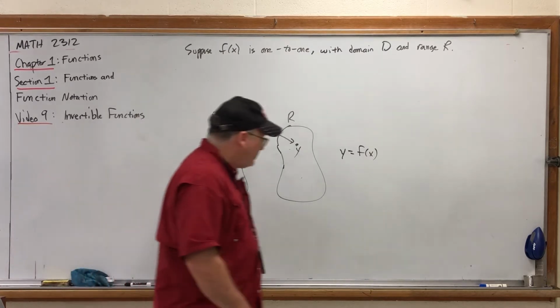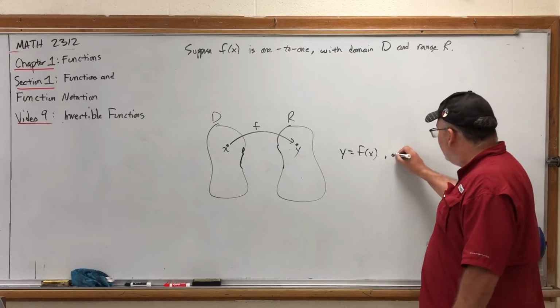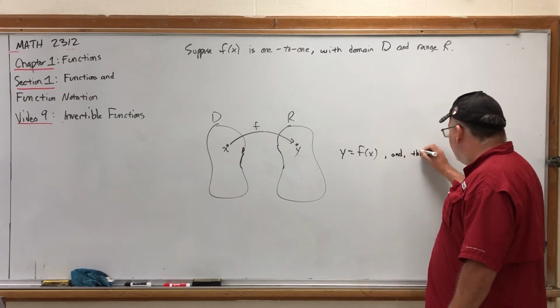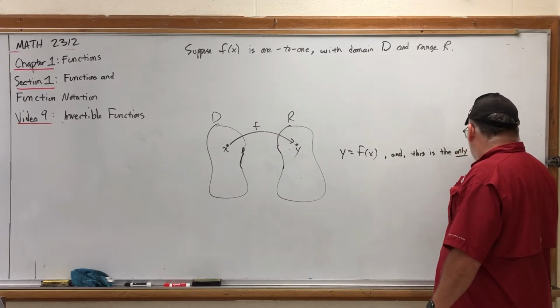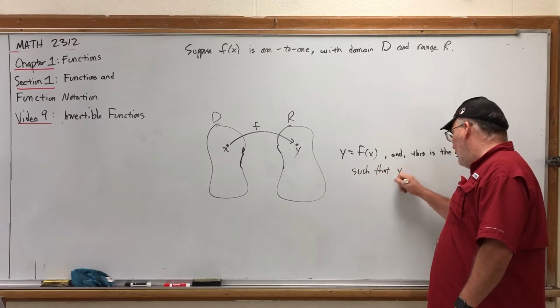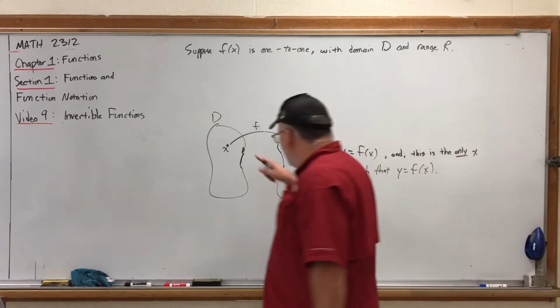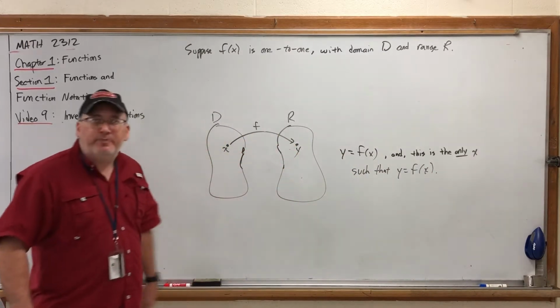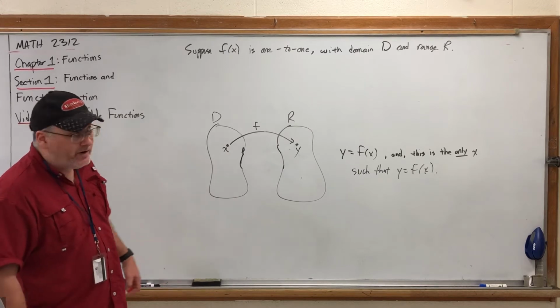In other words, if you're 1 to 1, not only does y equal f of x, but this is the only x such that y equals f of x. So you're my input and nobody else is, because I'm a 1 to 1 function. One input for every one output and vice versa.